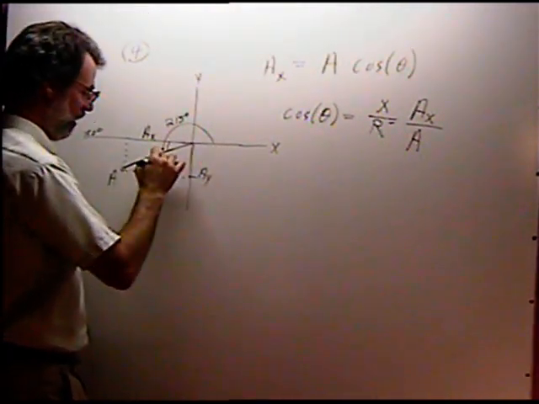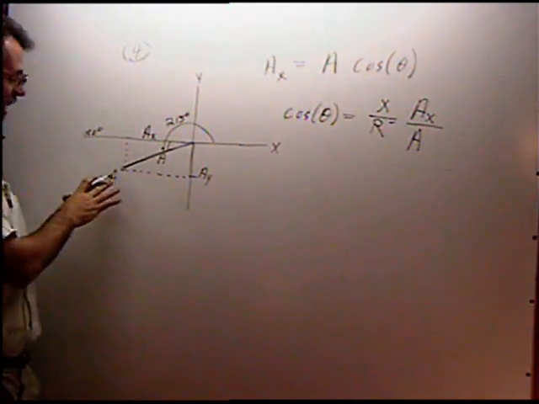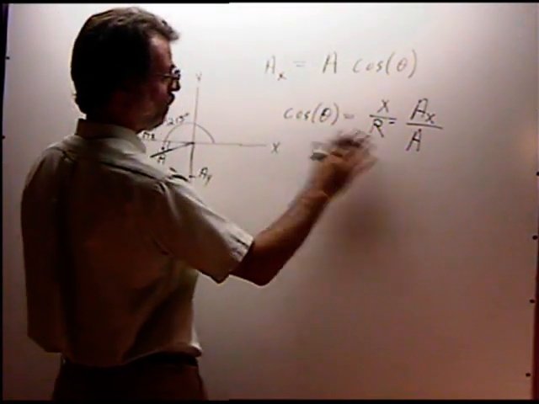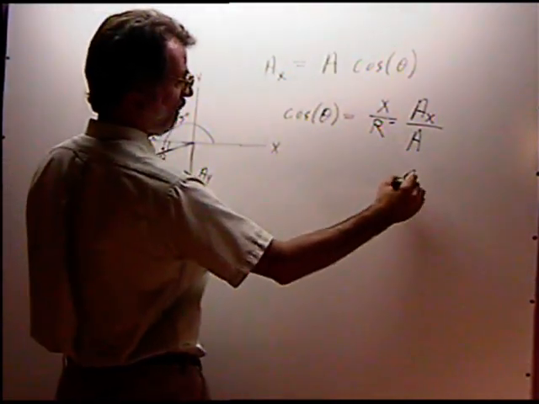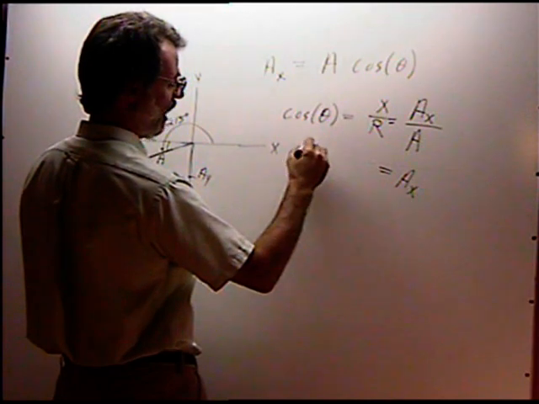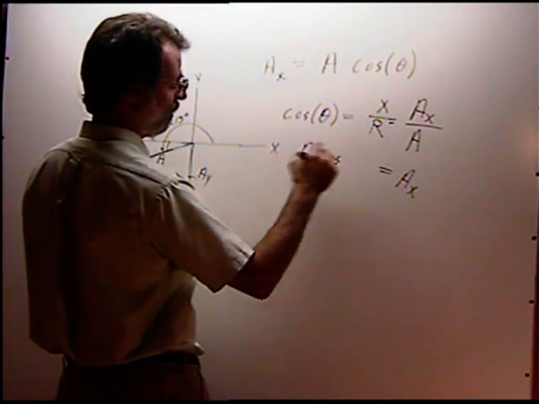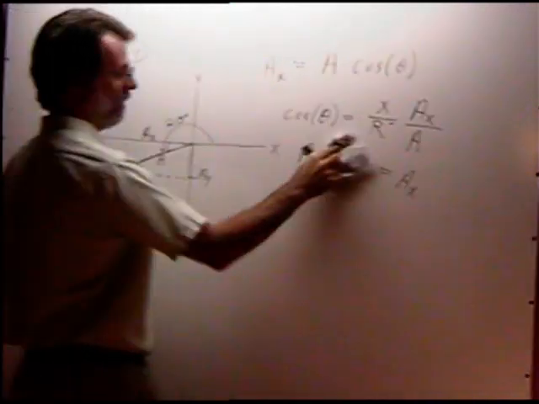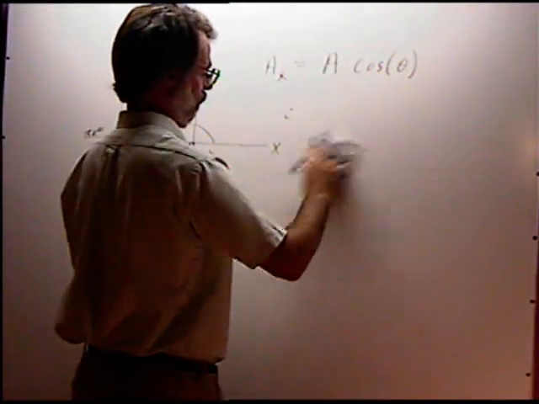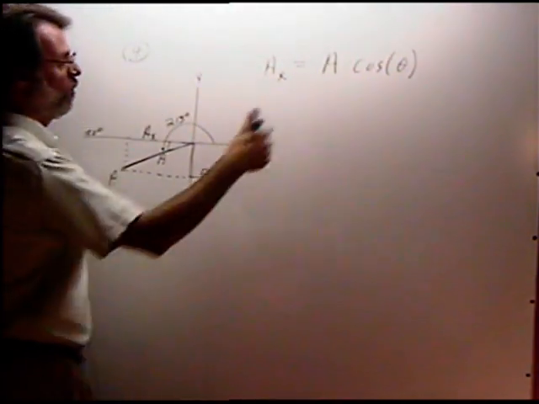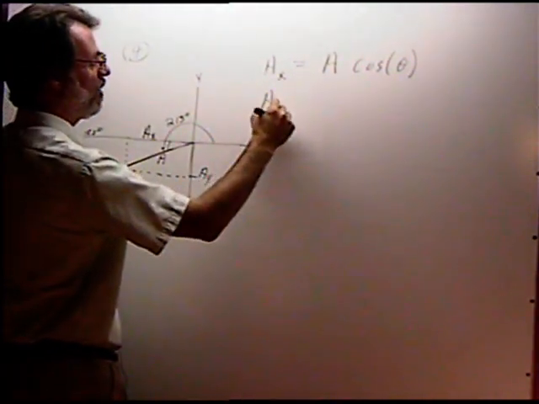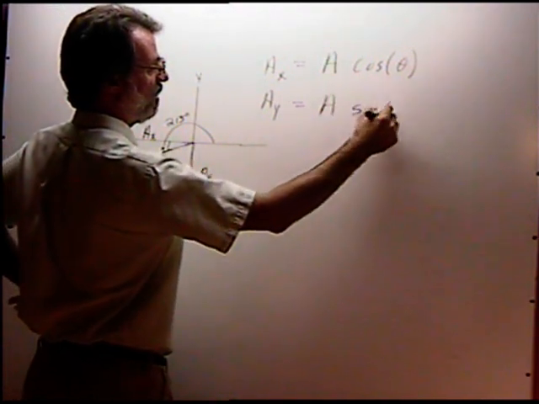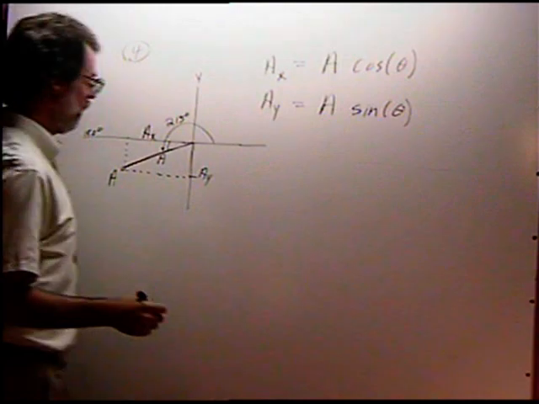So we can say that AX is A times the cosine of the angle. Likewise, the y component is A times the sine of that angle.